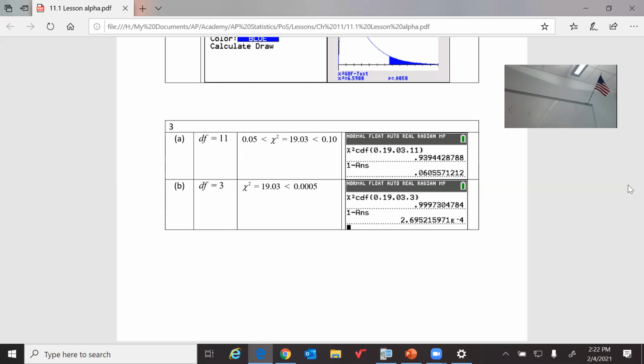But now on your calculator, do second enter and type over the 11 degrees of freedom with 3 degrees of freedom.